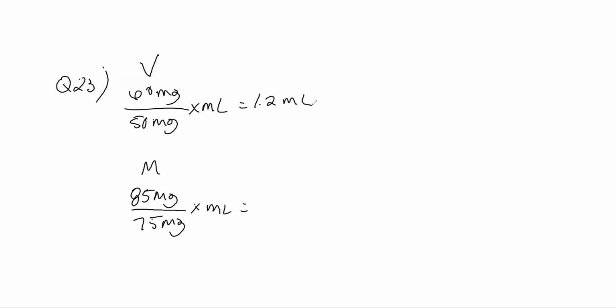And then I believe that the meperidine is 1.13333. And what we would do here is just round to the nearest tenth. So we could just eliminate all those extra threes. And then we just combine these two to make 2.3 milliliters.